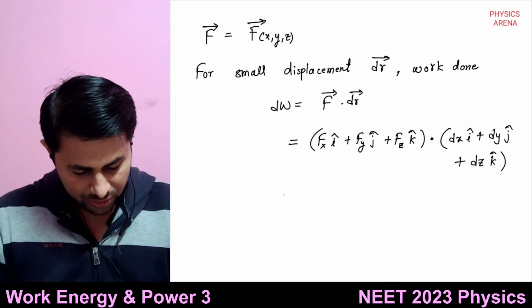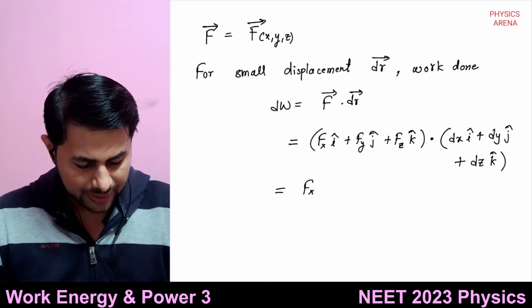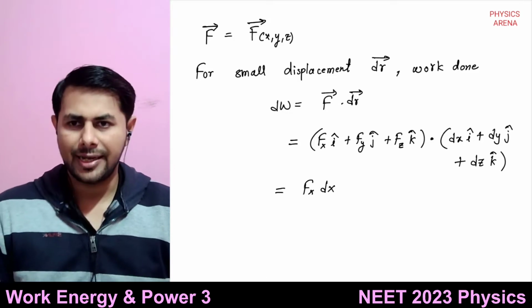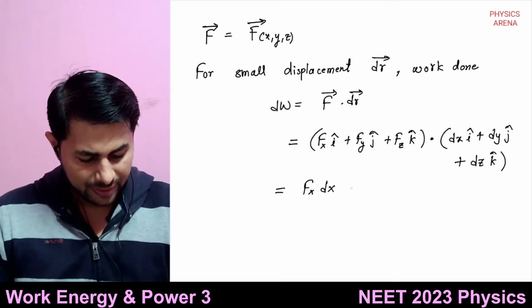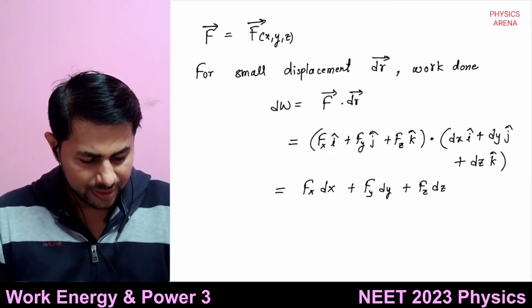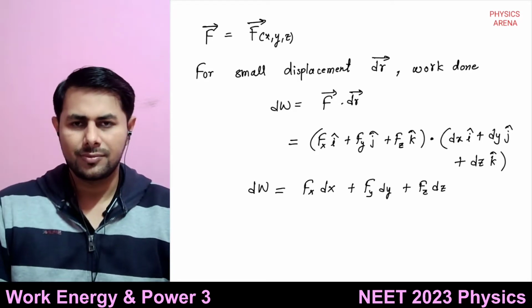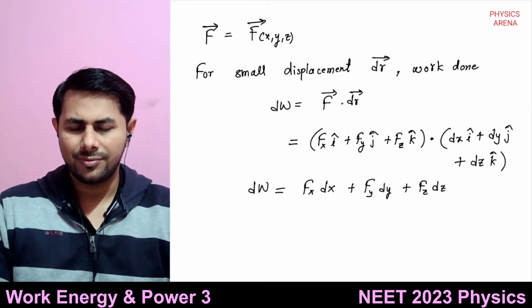So now you multiply this. What will you get? You will get Fx dx, since i cap dot i cap is equal to 1, plus Fy dy plus Fz dz.